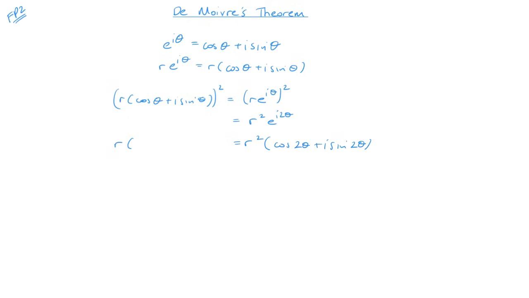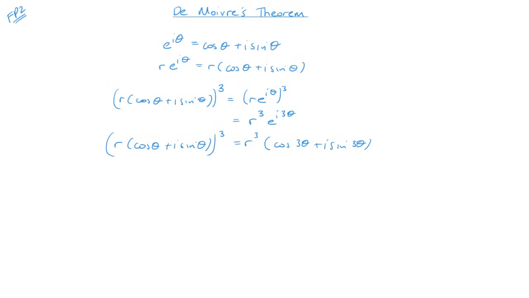So we've basically got that r cos theta plus I sine theta squared is r squared, and then cos 2 theta plus I sine 2 theta. Now if I change this to the power 3, then this would be cubed, which would give me r cubed e to the I 3 theta, which is r cubed cos 3 theta plus I sine 3 theta.